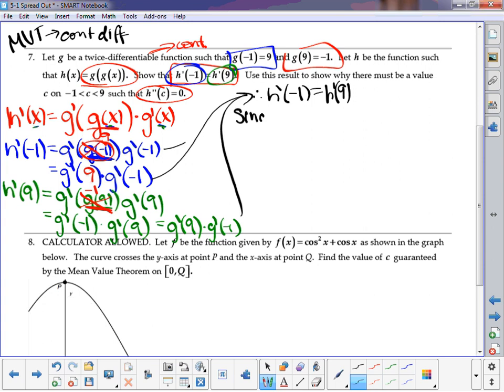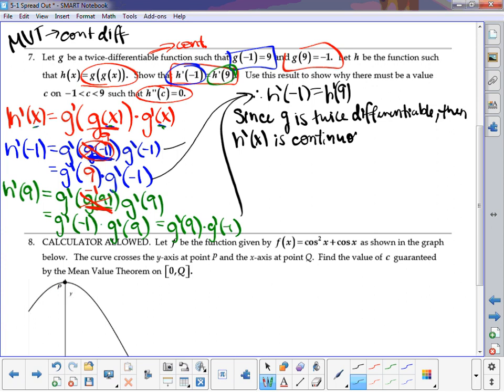So since g is twice differentiable, then h prime is continuous and differentiable, which means mean value theorem applies. Now we know that we can apply Rolle's specifically because of those endpoints.